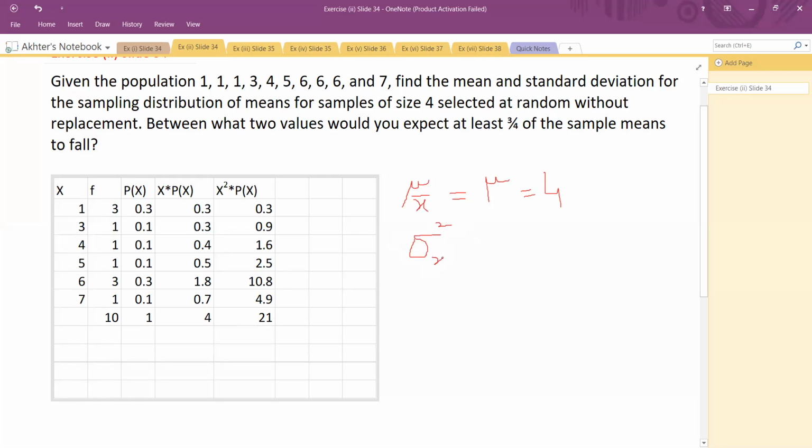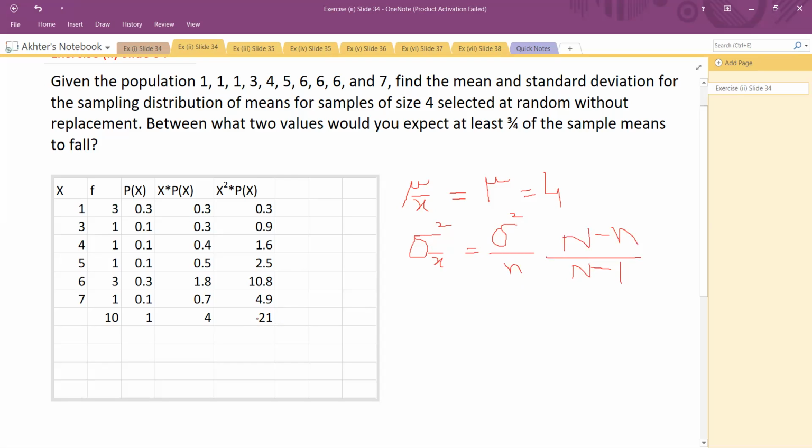Second theorem: the variance of the sampling distribution of mean is equal to sigma square divided by n, times the FPC. Now we have to calculate the value of sigma square here, because this 21 is not the variance of the population.